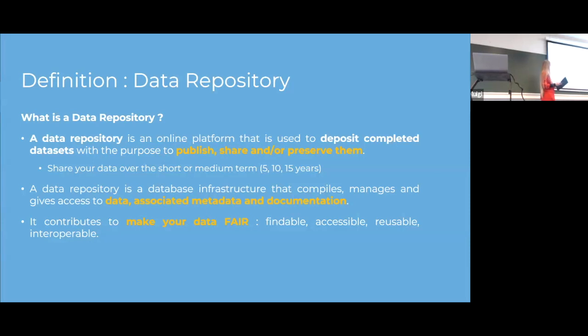And documentation is also very important with regard to the FAIR principles, because it gives users all the elements to make data intelligible and to interpret the data correctly. So the data repository, with all these elements, contributes to make your data fair: findable, accessible, reusable, and interoperable.